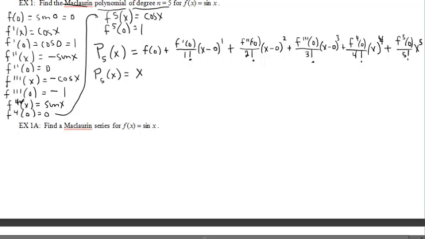So 0 over 2 factorial is 0, 0 times x squared is 0, so we don't have an x squared term. So move on to the 3rd degree. The third derivative evaluated at 0 is negative 1 over 3 factorial. So I'm going to have minus, with 3 factorial in the denominator, and just x cubed on top.